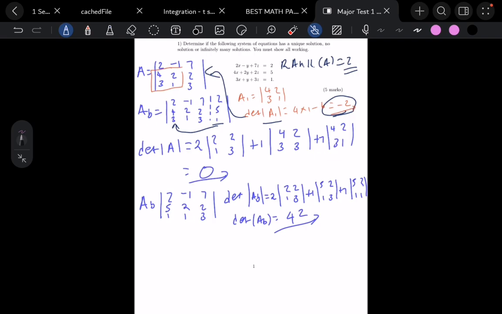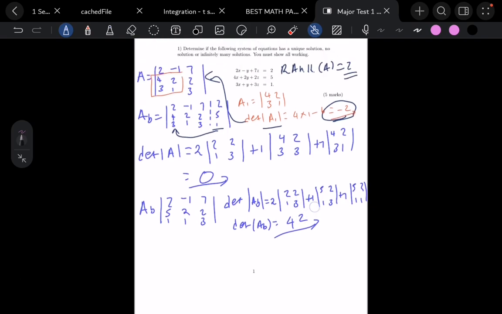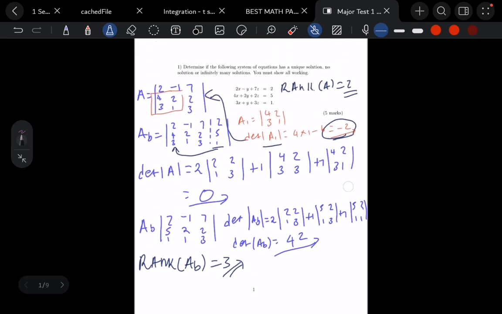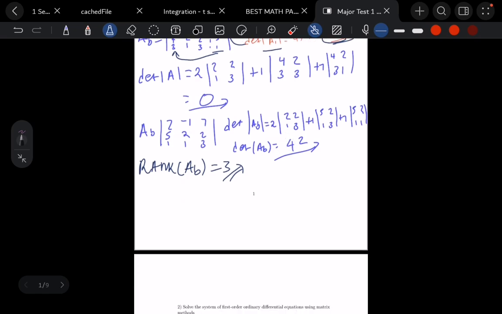Right. So if the determinant of AB is 42, we would say that the rank of AB is equal to 3. Why is the rank of AB equal to 3? Because we got the determinant as 42 and the matrix A is a 3 by 3. How many equations do we have? We have 3 equations there.